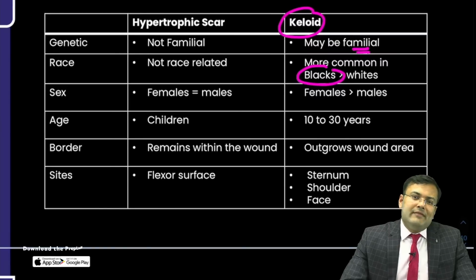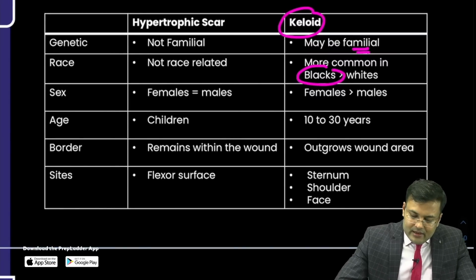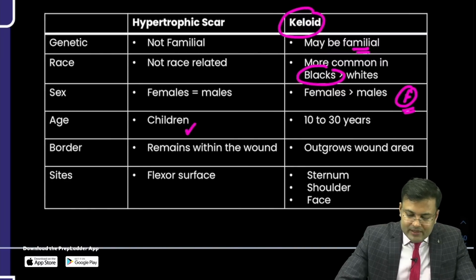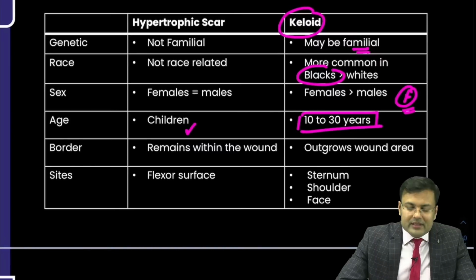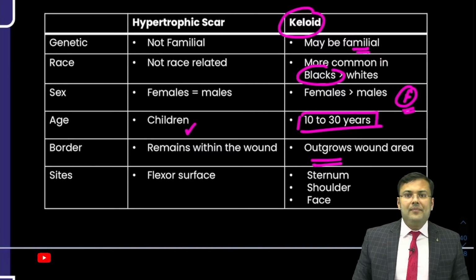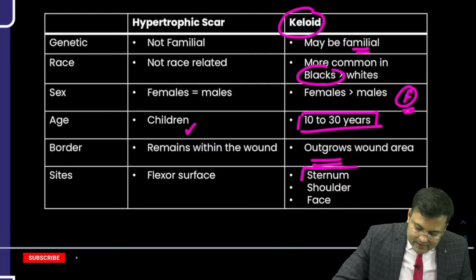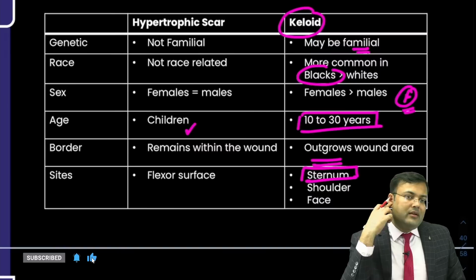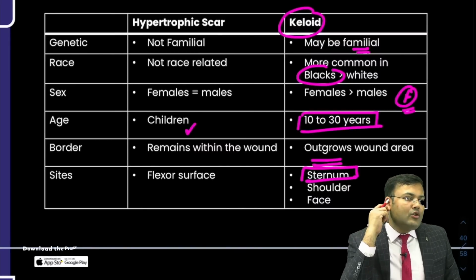There is no sex variation in hypertrophic scar, but keloids are more common in females. Hypertrophic scar is more common in children, but keloid 10 to 30 years. And we discussed keloid outgrows the wound area. And what is the most common site? Sternum. Apart from that, shoulder, it can be seen in the face, especially the ear lobule.